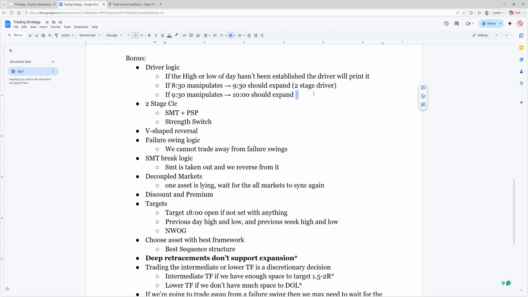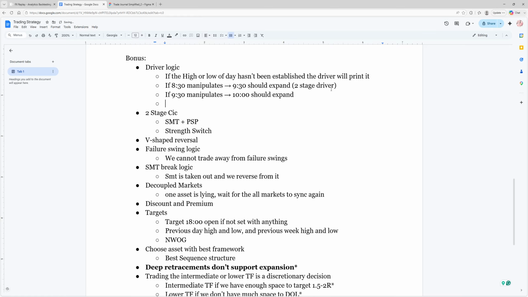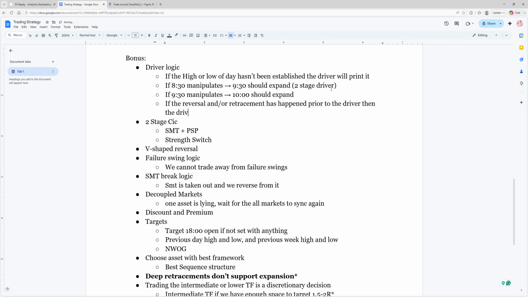Oh, I think I actually forgot something here. If the reversal and or retracement has happened prior to the driver, then the driver should just expand. There we go. I'm actually going to put this back.